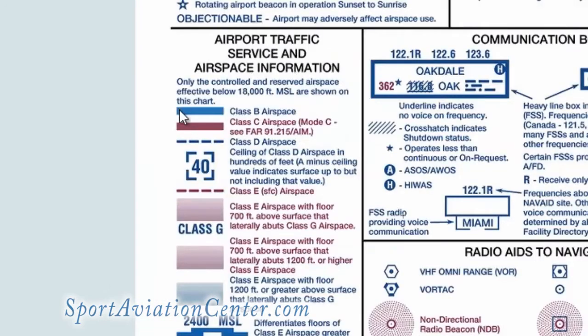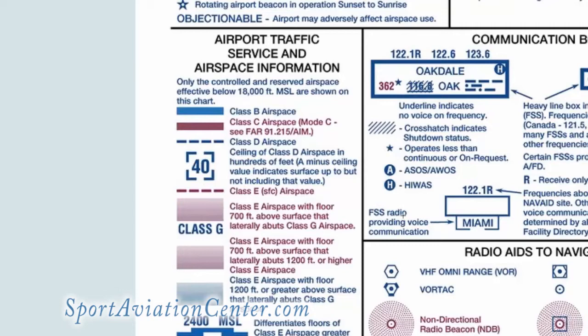Okay, so here we can look at our class Bravo airspace, which is our dark blue line, class Charlie airspace, which requires mode C, class Delta airspace, showing our ceilings here for the class Delta airspace. And down here is our G and E airspace.